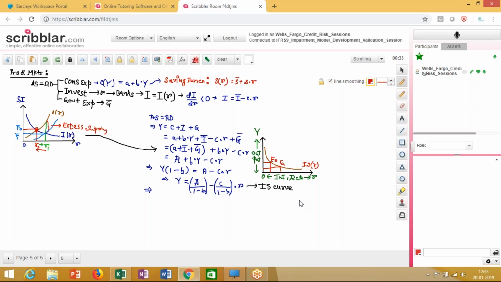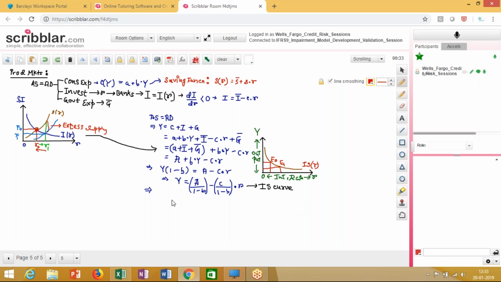Hence, with every tightening policy, your economy goes nearer to a downturn and there is a higher impact on the default rate. This is the reason why, to make IFRS 9 PD forward looking, this relationship has been shown. So that's one part.